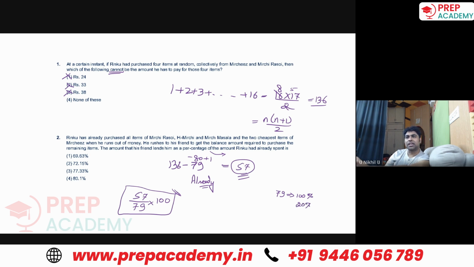For that I took 20% value, and if I subtract it from 100%, I'll get 80%. Now 20% would be divided by 5. 100 divided by 5 is 20. Similarly, 79 divided by 5 would be 20%, which is 15.8.